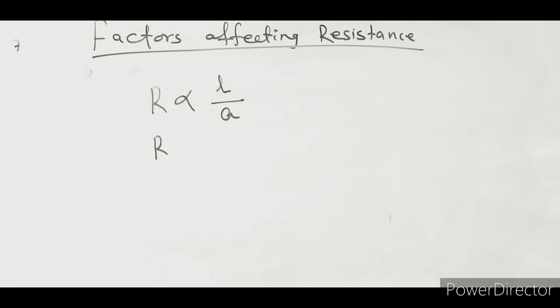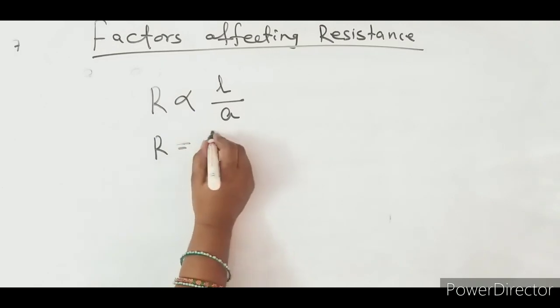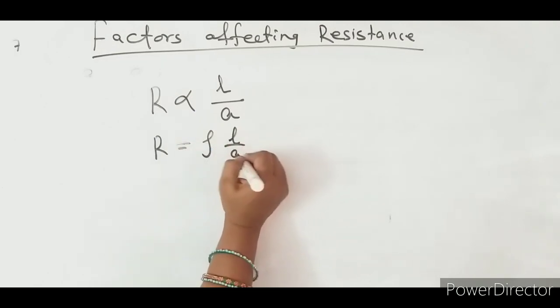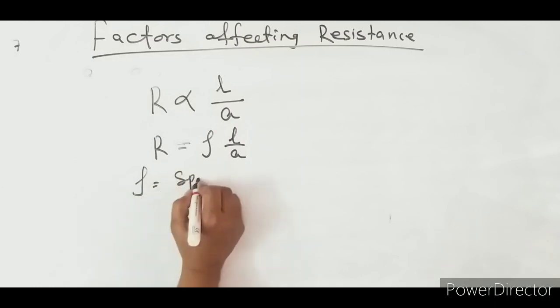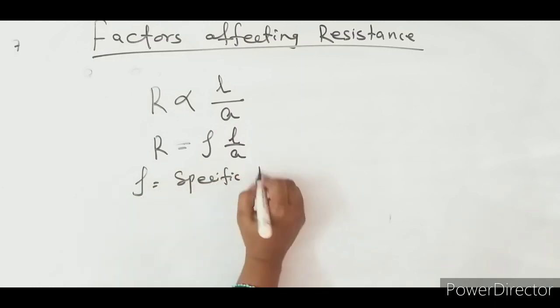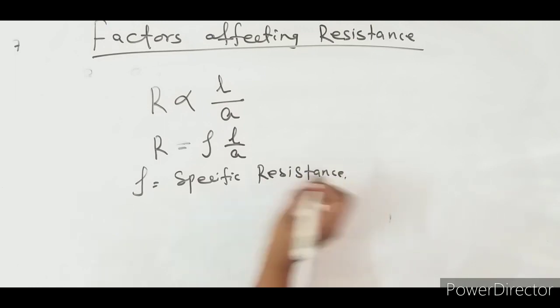So R is equal to rho L by A. So rho is specific resistance. Clear? So all this one is the formula.